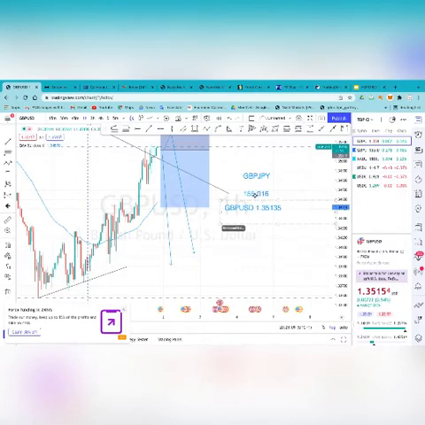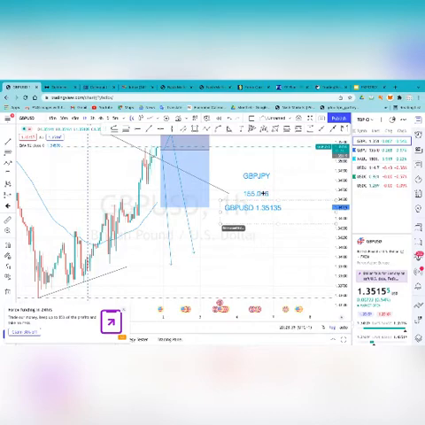Now the Japanese pairs are quite different from the US related pairs. Okay, and now the pips actually start from the second decimal point, not the fourth one, because there's no fourth decimal point here, as you can see. So your pip value starts from the second. Now this one is still your pipette. The last digit is still your pipette, so the pip value starts from the second decimal point.